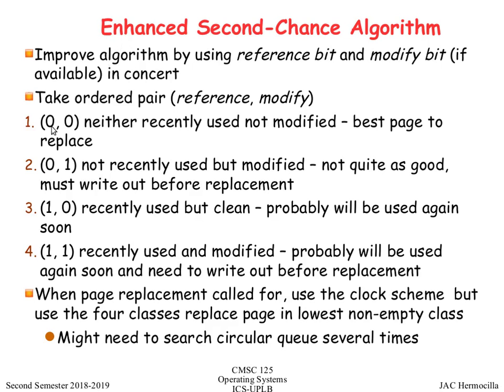So yung first ay yung reference, yung second yun yung modify bit. So depending on the combination of the values of these two bits, apat na yung possible values, then you base the criteria on these values. Okay? So when page replacement is called for, use the clock scheme, but use the 4 classes to replace the page in the lowest non-empty class. Okay? So that's basically the idea.